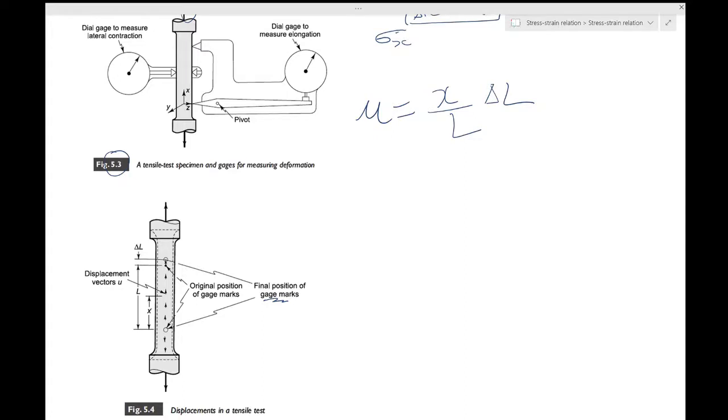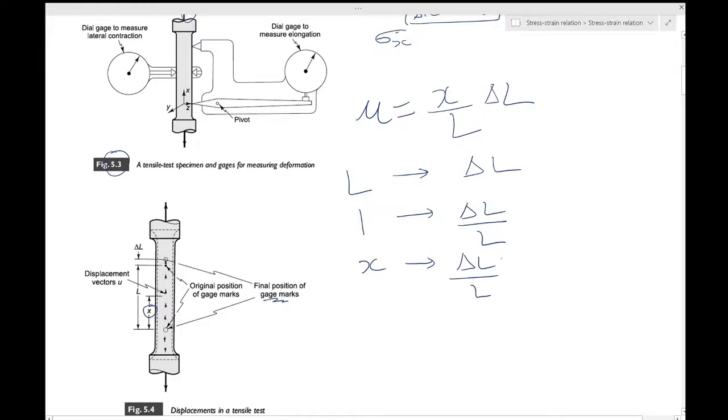Okay, so this is the logic: if the gauge length L has displaced by delta L, the gauge length 1 will get displaced by delta L by L, and similarly the gauge length of X will get displaced by delta L by X. So this is where this displacement is coming from.